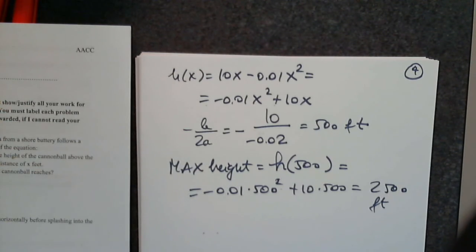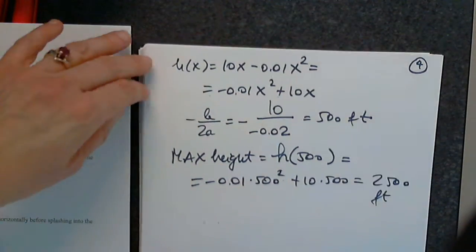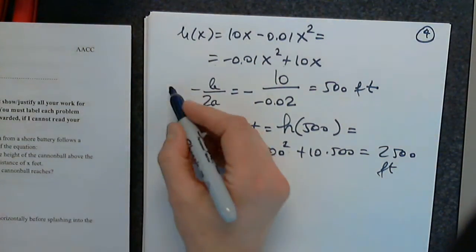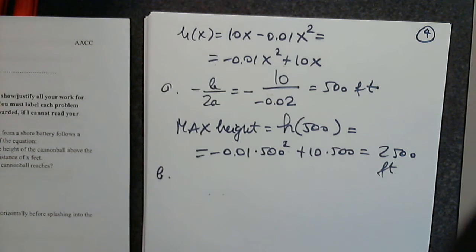Okay. So part B, what am I asked to find in part B? Yes, in other words, the x intercept. Perfect. So let's find the x intercept. So that was part A and part B. How do I find that?